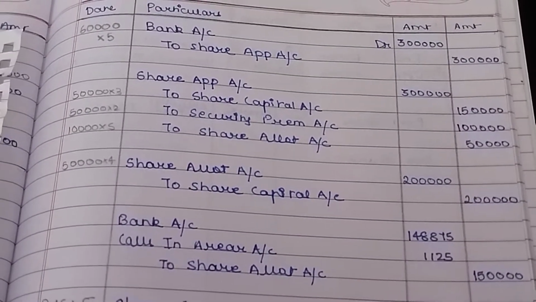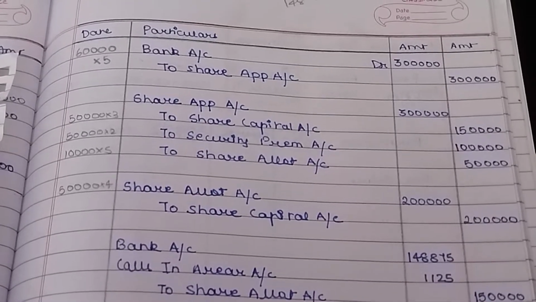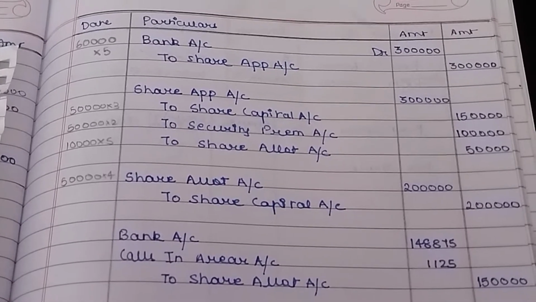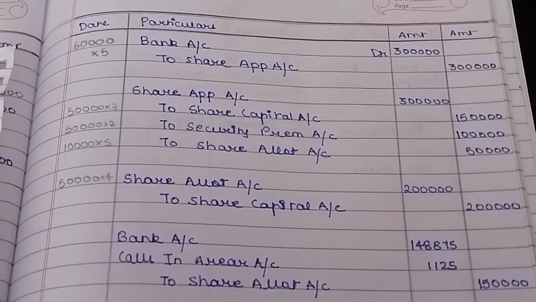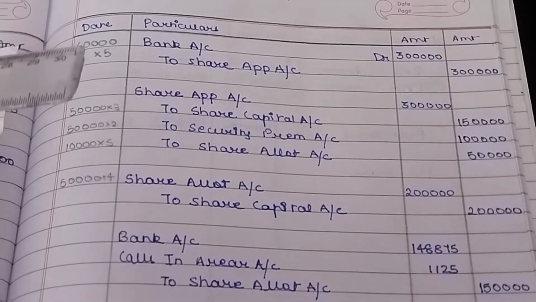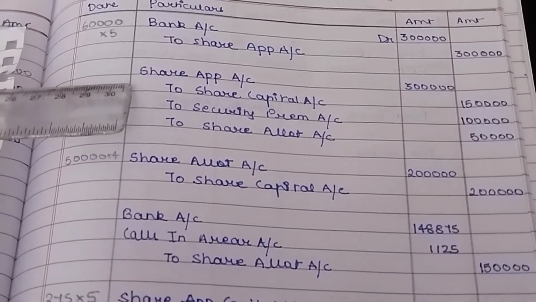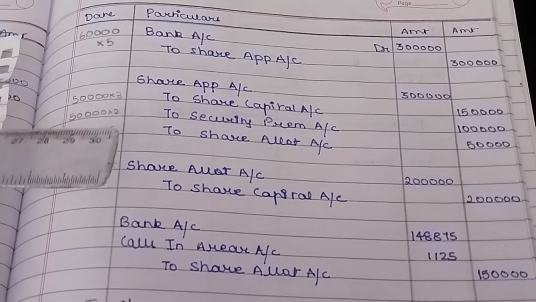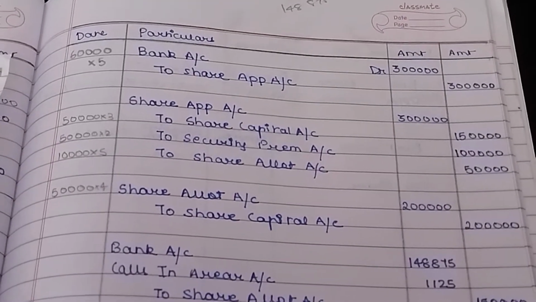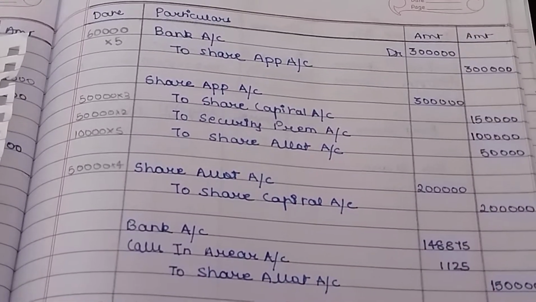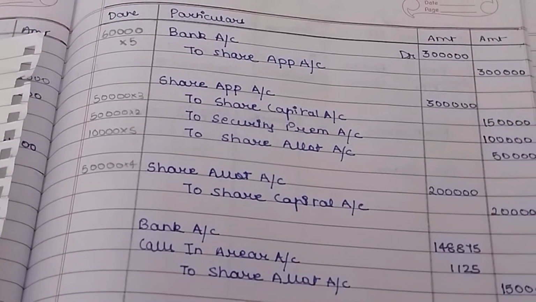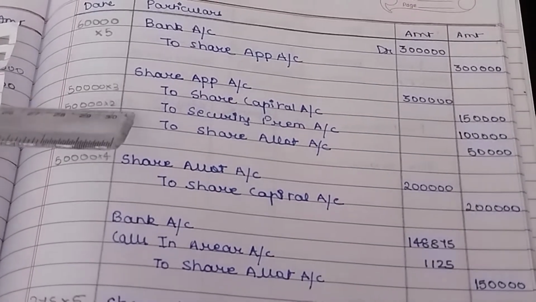Narration: being amount of share applications transferred to share capital, security premium and surplus transferred to share allotment account.